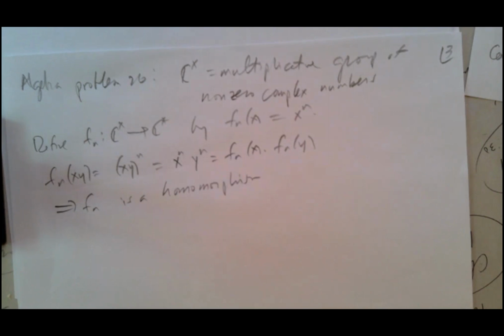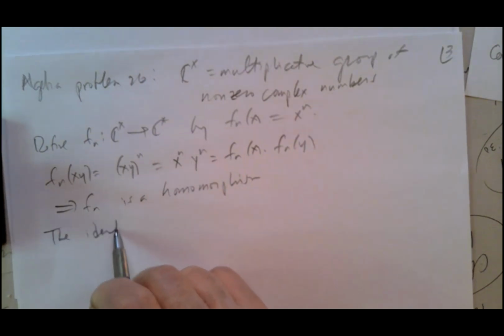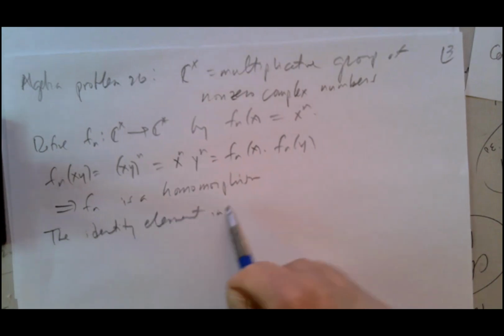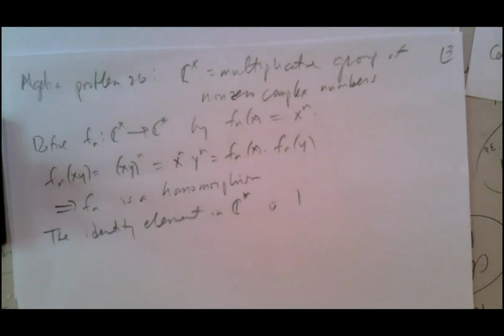And we want to find the kernel. So the identity element in this multiplicative group is just the complex number 1.